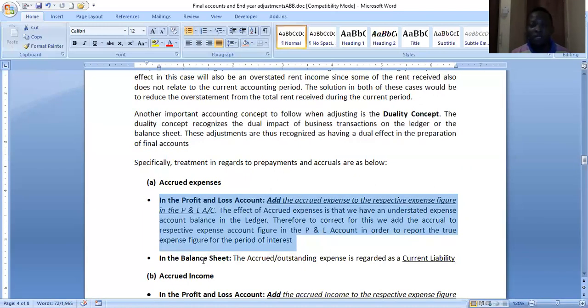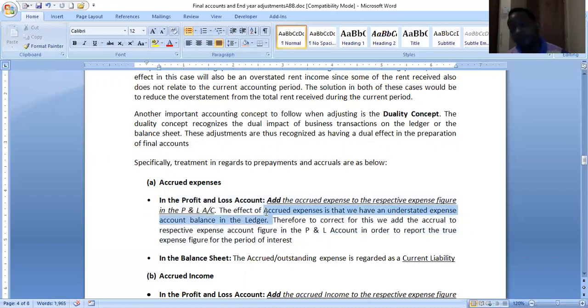So you have to recognize it in the profit and loss account. What you need to note is that the effect of accrued expenses is that we have an understated expense account balance in the ledger.